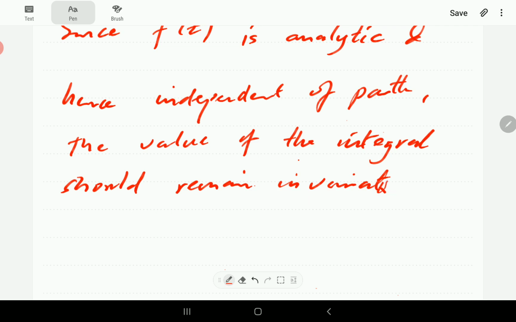It shouldn't be a function of the size of the circle, so it should remain invariant in the limit r goes to 0.